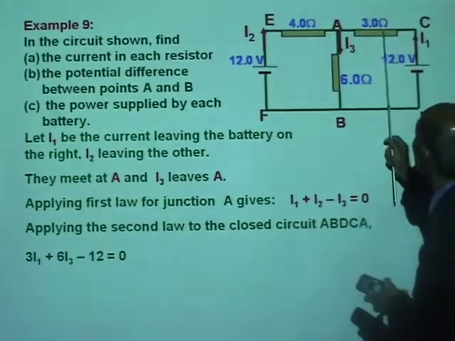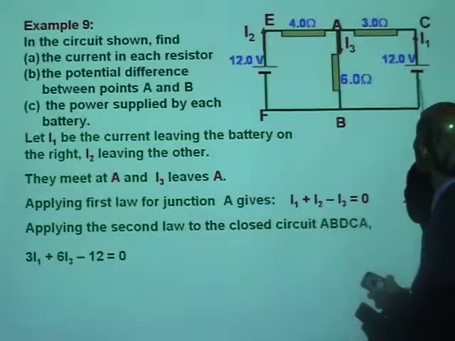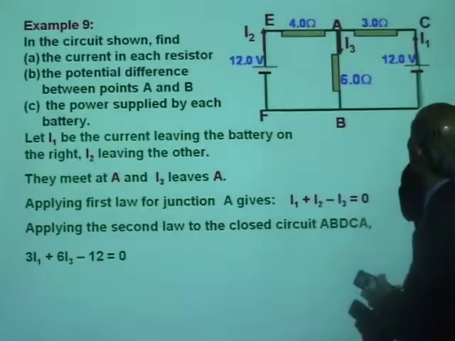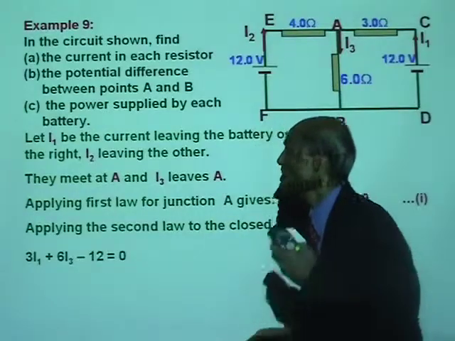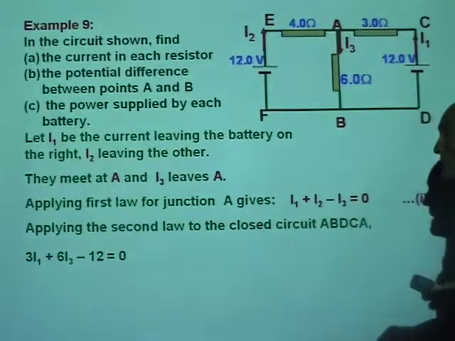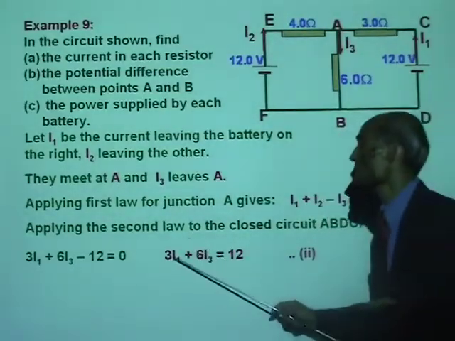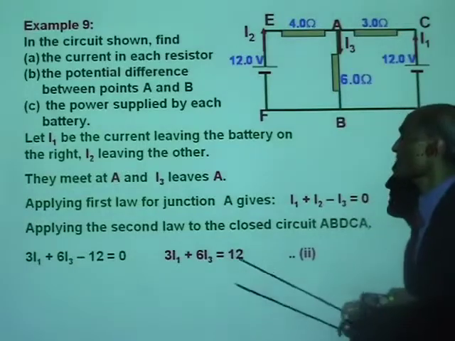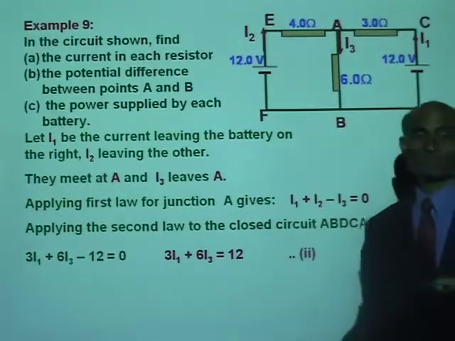You see, look at the way the loop is traced out. It goes through the cell from negative to positive. The potential drop across the cell is negative 12. 3I1 plus 6I3 minus 12 equal to 0. Taking the constant to the other side, you have 3I1 plus 6I3 equal to 12. You've got a second equation.